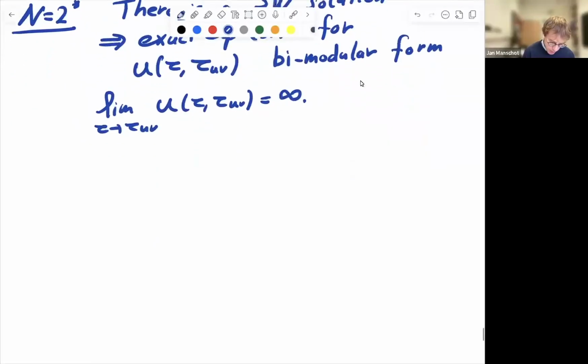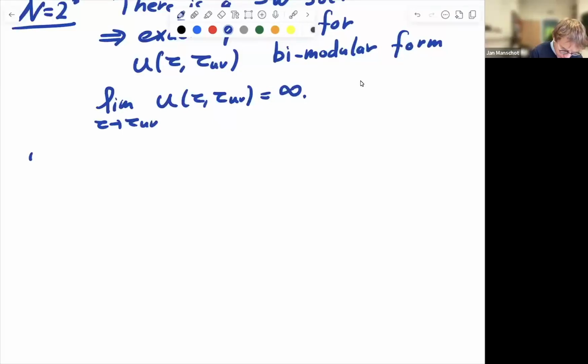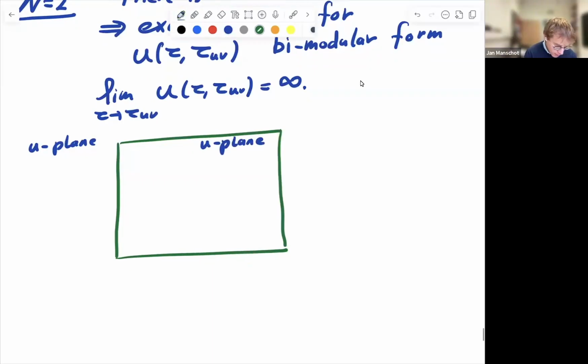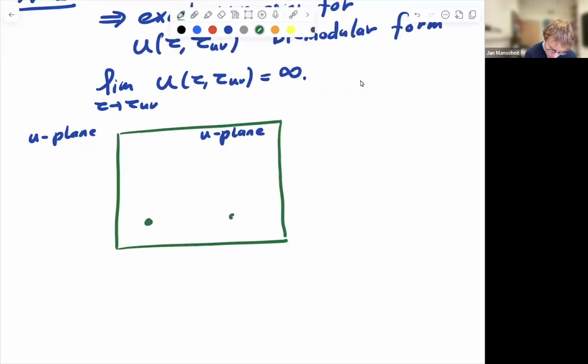We get to the following perspective then for the u-plane. Let me draw the u-plane. So for tau going to tau_UV, we go to infinity. Then we have two singularities which are similar to before, where a monopole and a dyon become massless.